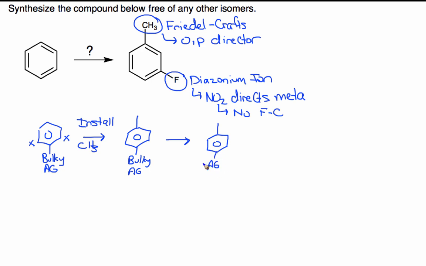So now if we have an activating group here, we can install something at this ortho position that can then eventually be converted into the fluorine. So that will likely be a nitro group, because we know we can convert the nitro into the diazonium ion. Now we have the two substituents at the positions we want them, but we have this activating group down here that we want to get rid of.